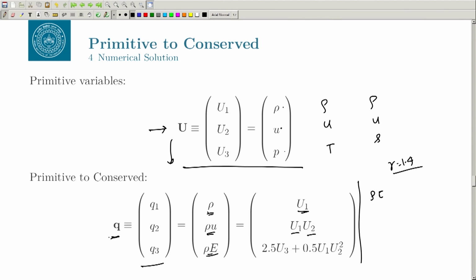So, rho E is rho RT by gamma minus 1 plus half rho u square.